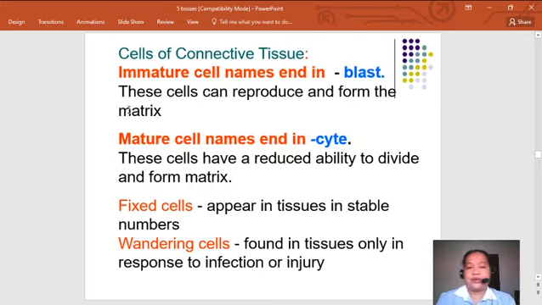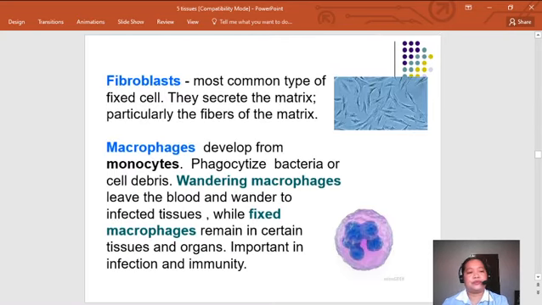Either could also be fixed cells, meaning they appear in tissues in stable numbers, and the other is wandering cells, found in tissues only in response to infection or injury, like the blood components. So we have here an example of wandering cells.